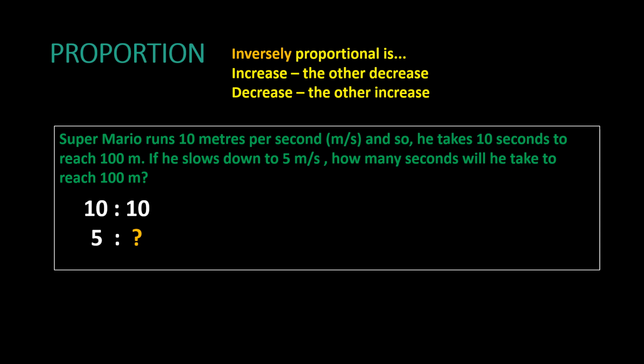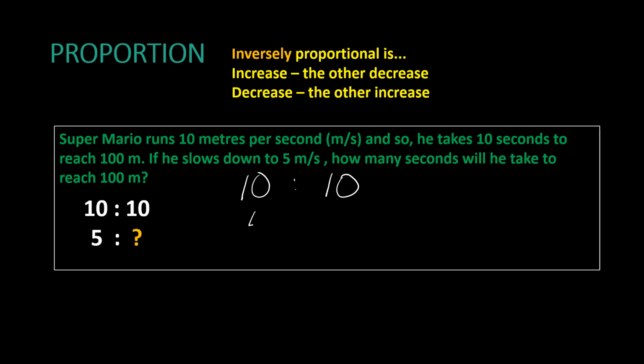In another example, we will see how we do an inverse proportion. Super Mario runs 10 meters per second, and so he takes 10 seconds to reach 100 meters. Now, if he slows down to 5 meters per second, how many seconds would it take to reach 100 meters? Well, we know that 10 meters per second, it takes 10 seconds to reach 100 meters.